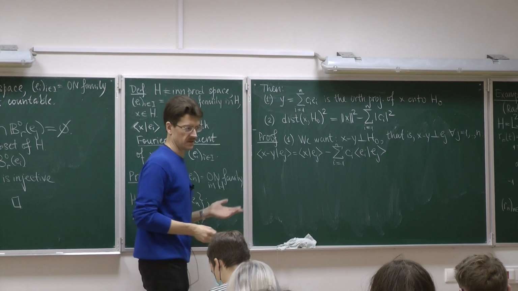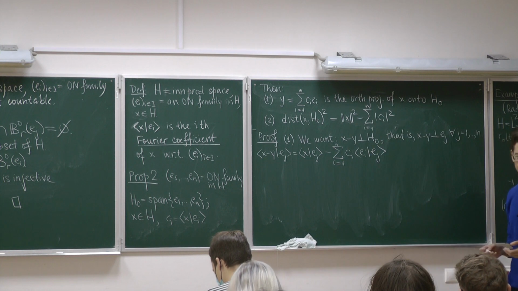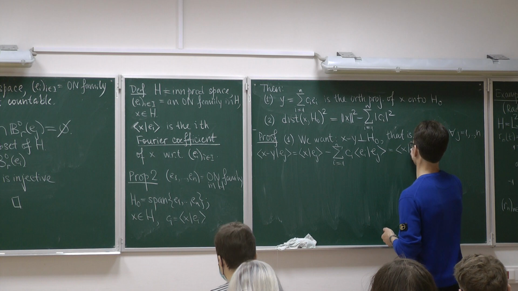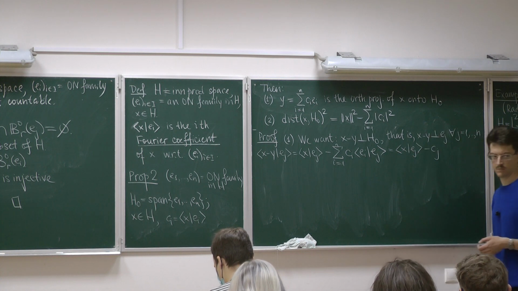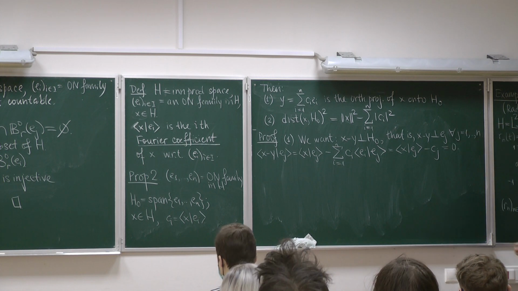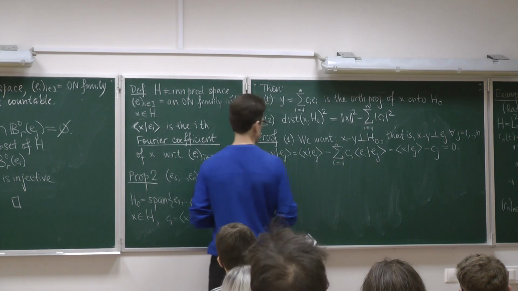Now, since our family is orthonormal, only one summand survives here, namely only c_j survives. And this is 0. So this shows that y is indeed the orthogonal projection.